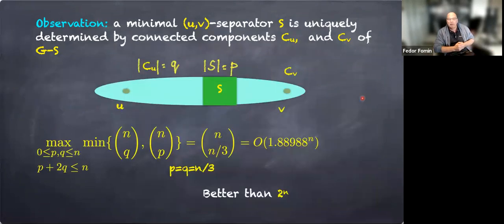Okay, so that was the observation, and by using this observation, I can go immediately below the 2 to the n bound on the number of minimal separators.